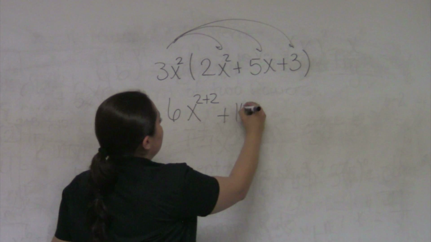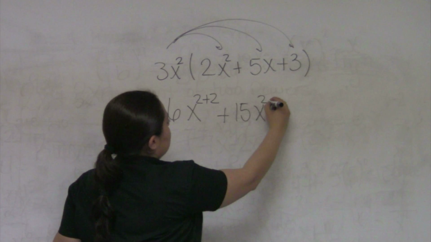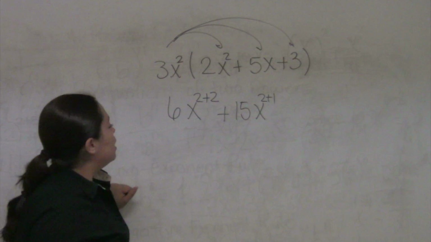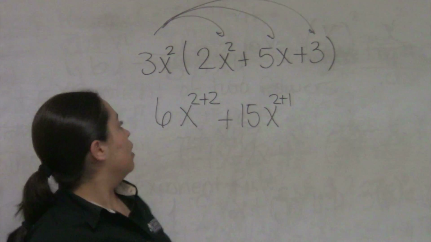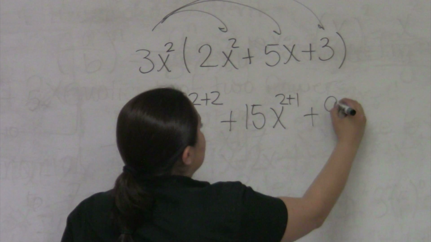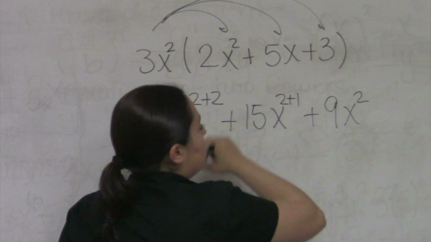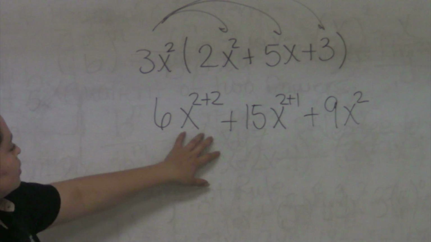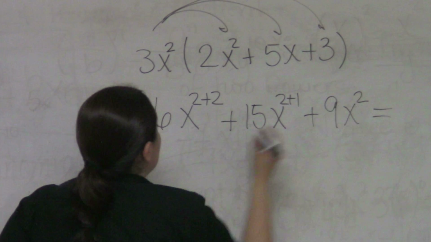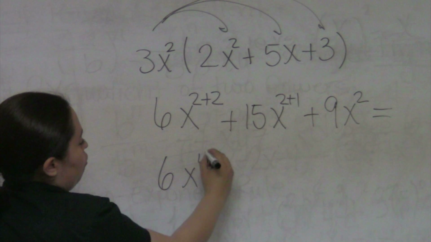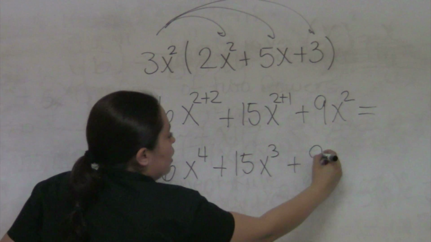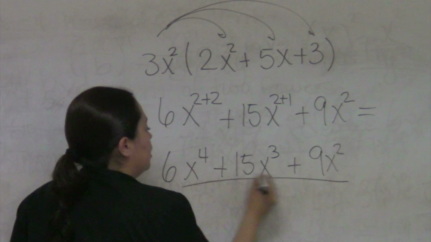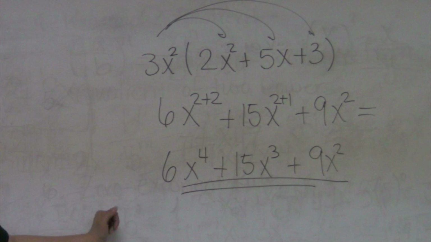We have 15. We keep the base, we add the exponents. And finally, we have 3x squared times 3. So 3 times 3 is 9, and we keep the x squared. Now let's write this one right here. We have 6x to the 4th plus 15x cubed plus 9x squared. And this is your final answer.